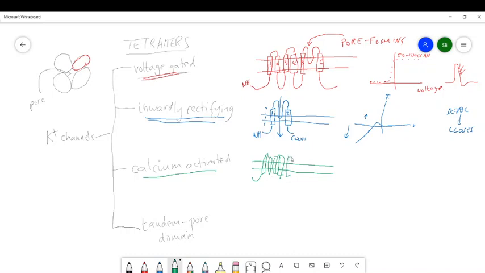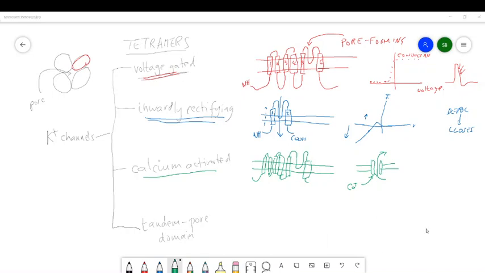So 5 transmembrane domains, then a pore, and then the 6th one, just like that. And these are actually activated by calcium. So typically they'll be closed, and then when intracellular calcium binds the intracellular face, the channel opens, and then potassium can usually leave the cell.